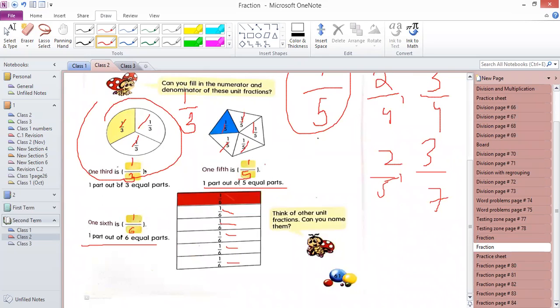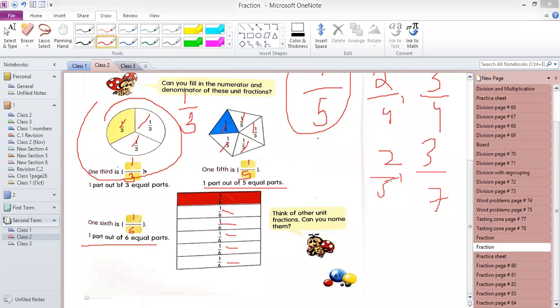So guys, you know about numerator, you know about denominator, you know about fraction, and you also know how to write a fraction. Am I clear? You know all of these? Yes, sir.